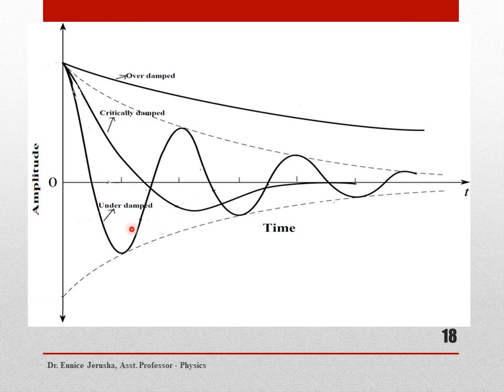And looking at the curve for the underdamped oscillation, the waveform lies within the envelope of the decaying exponential curve, which is shown in the dotted line.